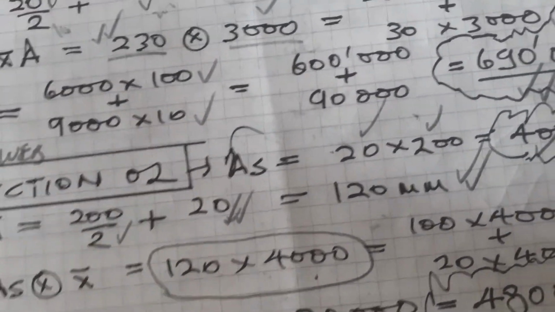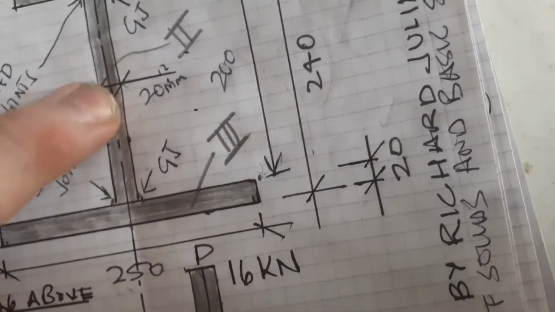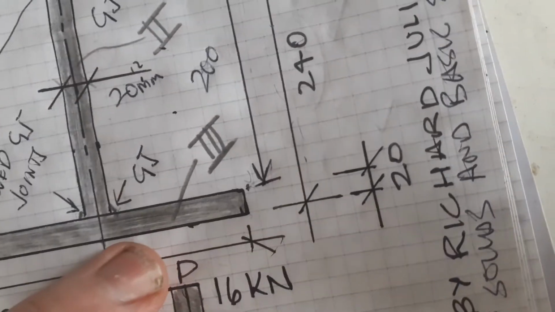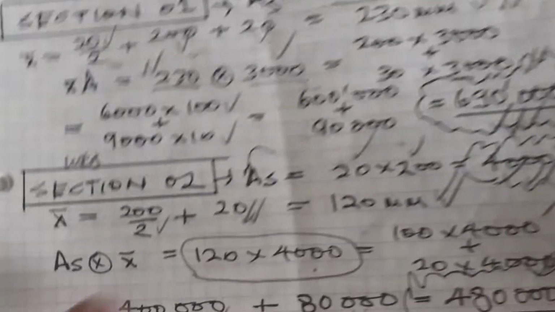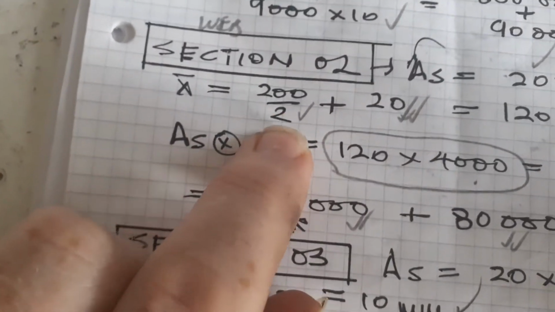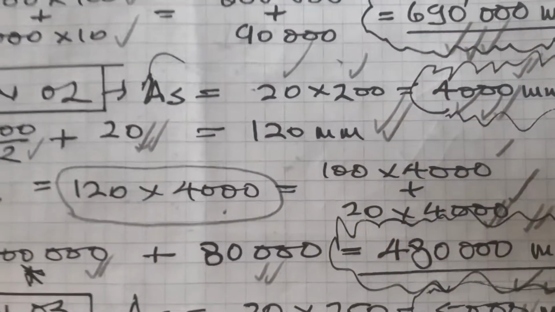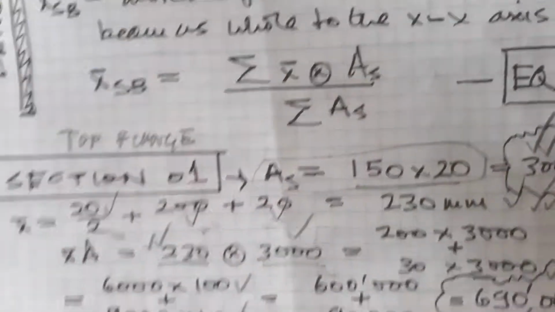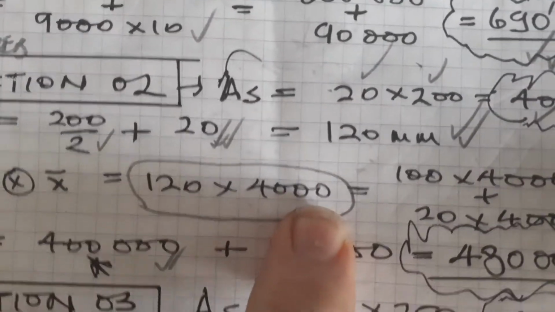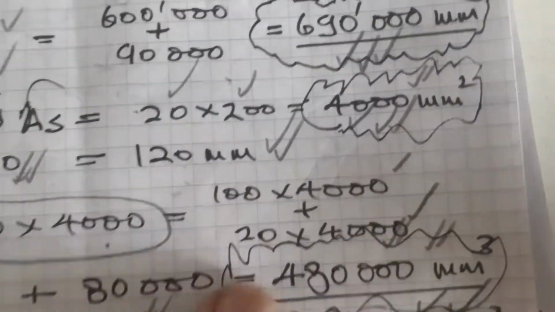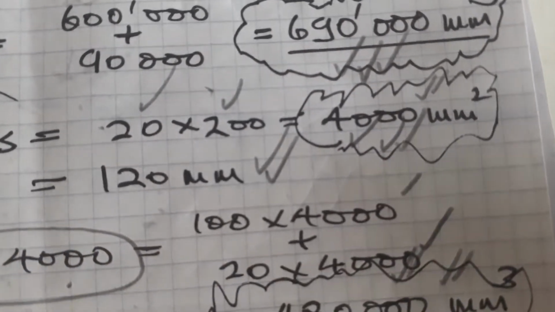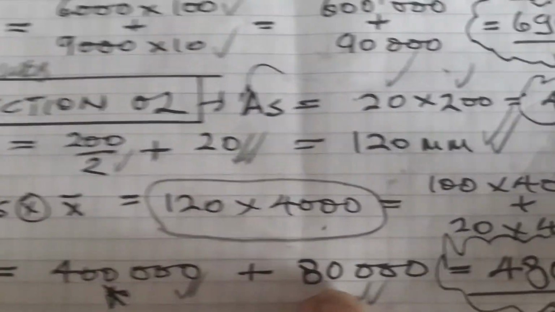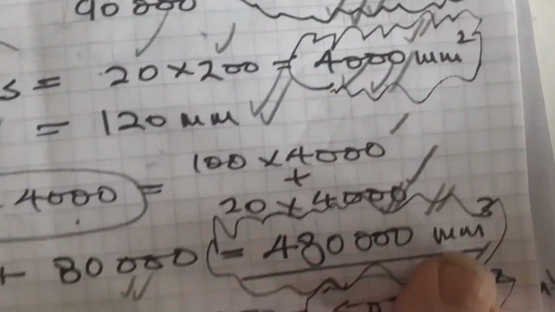X bar is the distance to the center of the rectangle from the very bottom, so it's 200 over 2 plus 20, 120 millimeters. So AS times x bar is 120 times 4,000, which is 400,000 plus 80,000, 480,000.